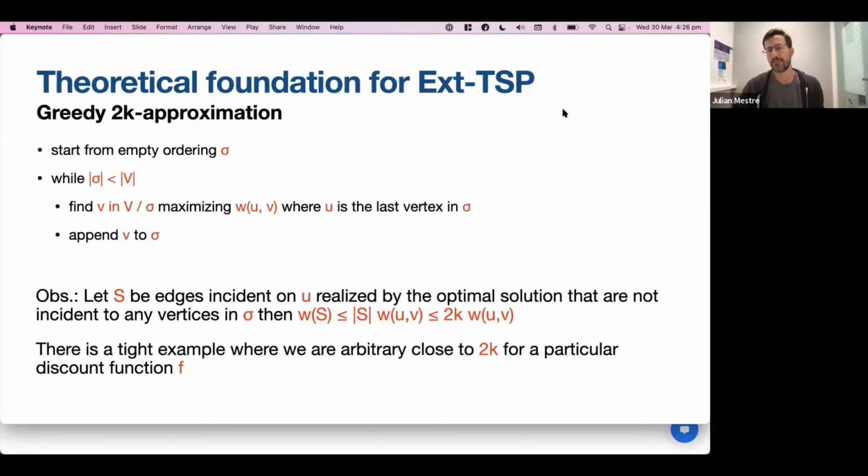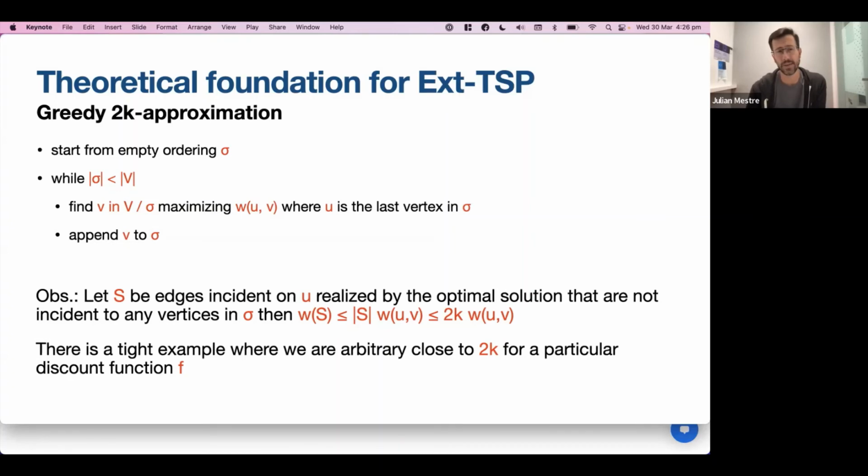Let's see. So the first thing that you can think of for any problem is to design a greedy approximation. Right, so greedy algorithms. And what would the greedy algorithm look like? In this case, my greedy algorithm is super simple. You start from the empty ordering, and while you still have some vertices to sequence, you find a vertex that you haven't picked so far that maximizes the weight to the last vertex that you added in your ordering.